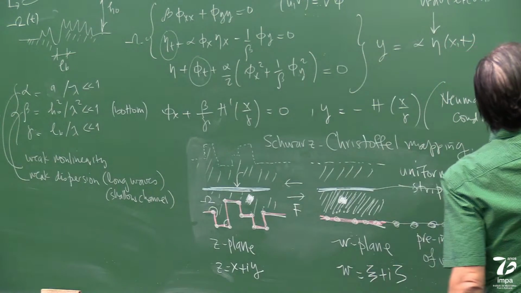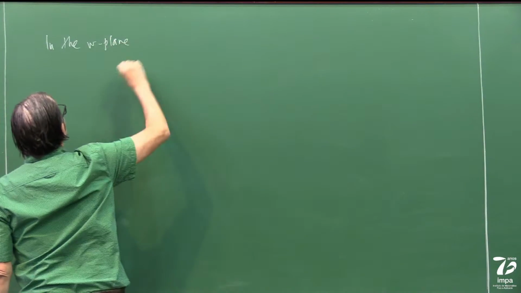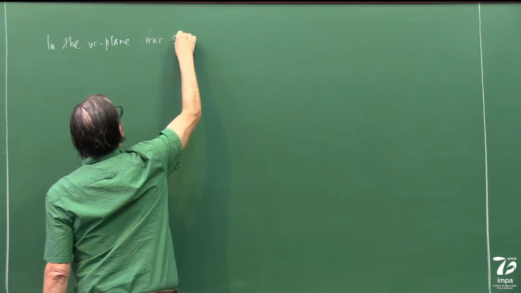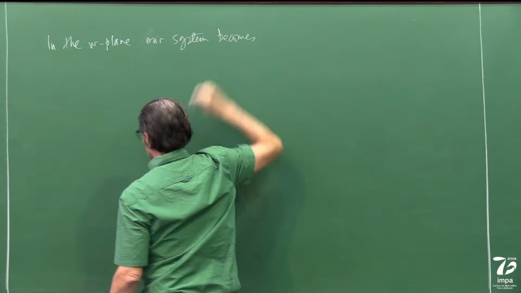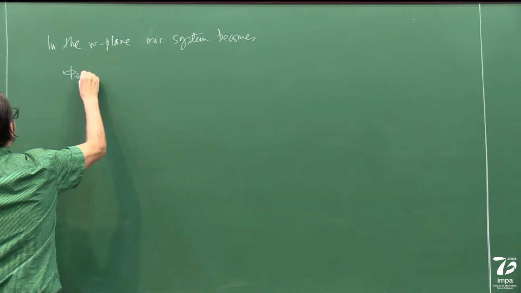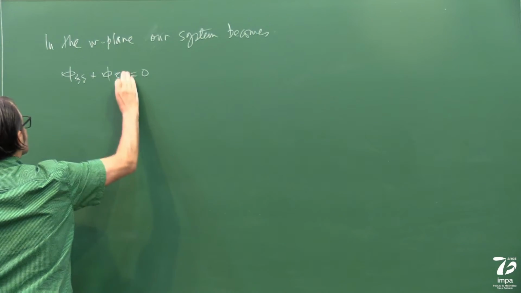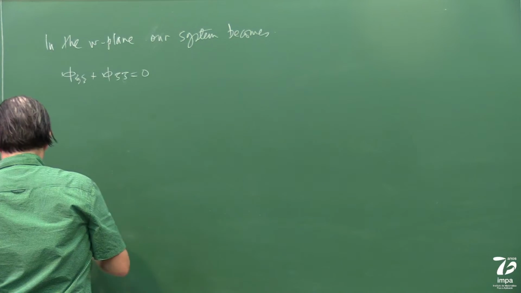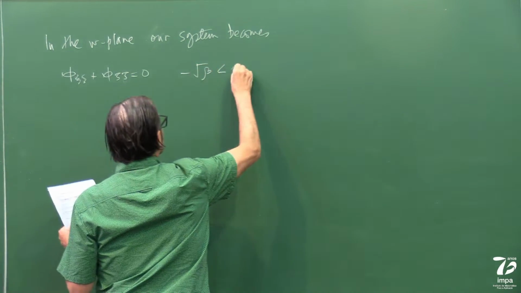So in the W plane, our system becomes this. I'm of course skipping some details, okay? But I want you to understand the story.